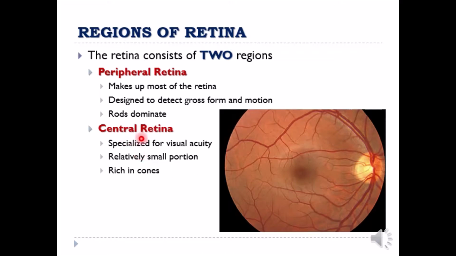And what is there in the central retina? As I already mentioned, this is the part for maximum visual acuity or sharp vision, and this is a small portion. This is the central retina, and it is rich in cones. In the central retina we have the maximum number of cones. Why? Because that helps us with sharp vision.